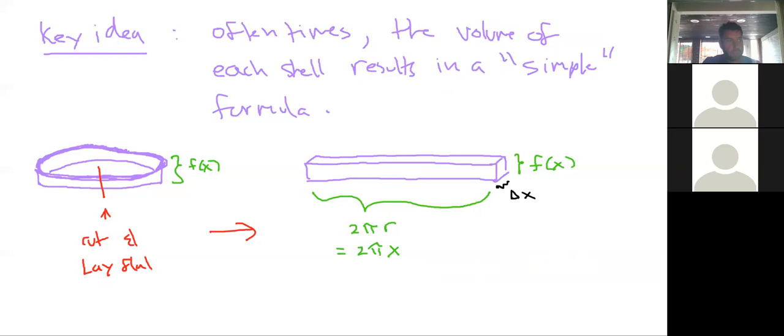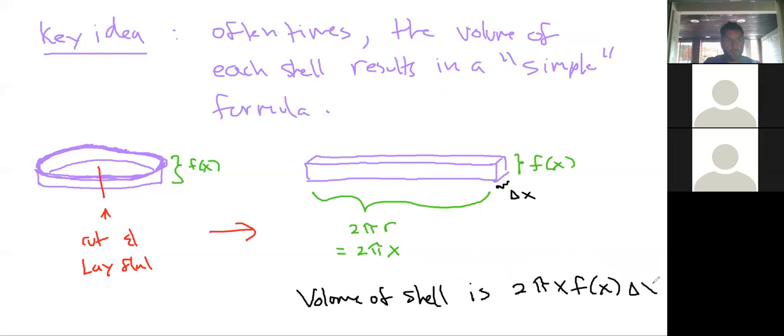So if f is simple, the beauty of this is the volume of this piece of the shell is nothing more than 2 pi x f of x delta x. Length times width times height.